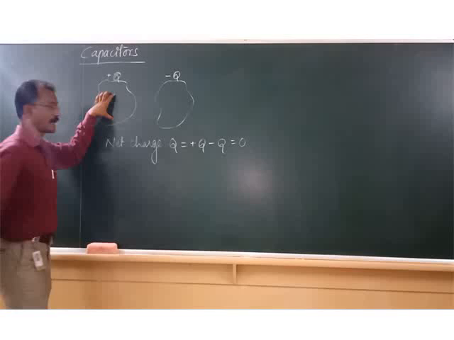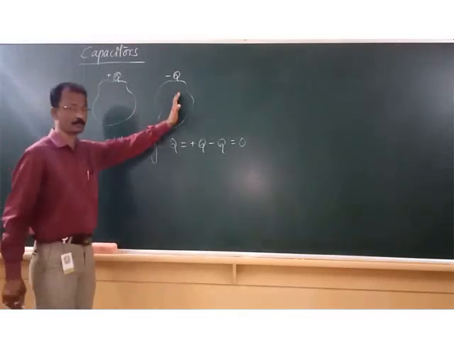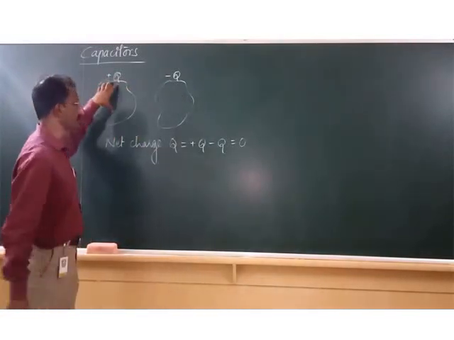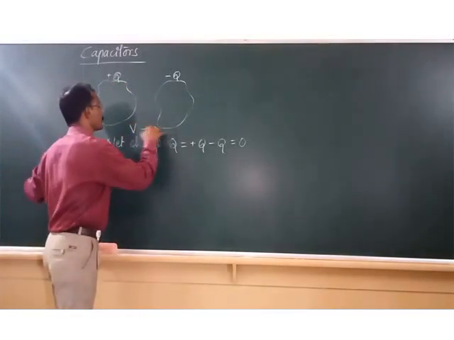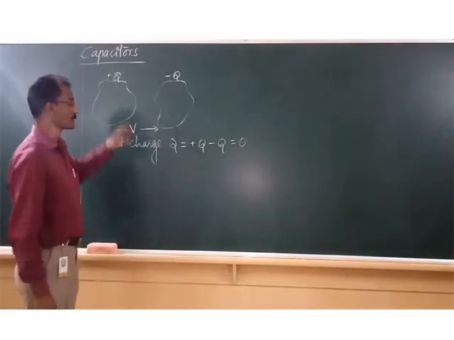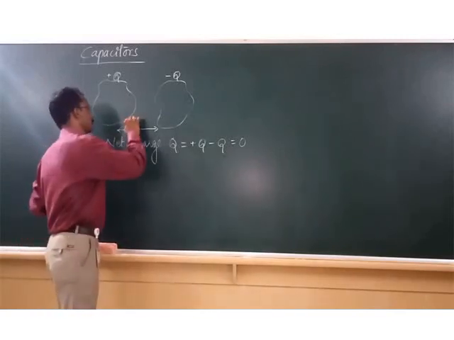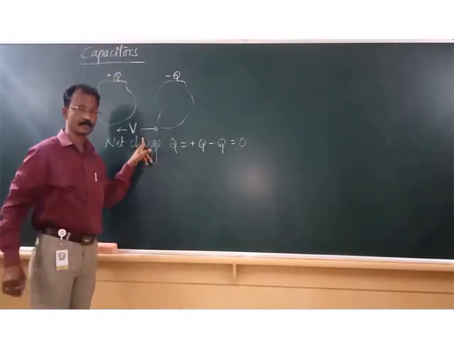See, as the charge is given to this conductor, the potential difference between the two plates increases. As charge on this conductor increases, the potential difference between the two plates of this capacitor increases.